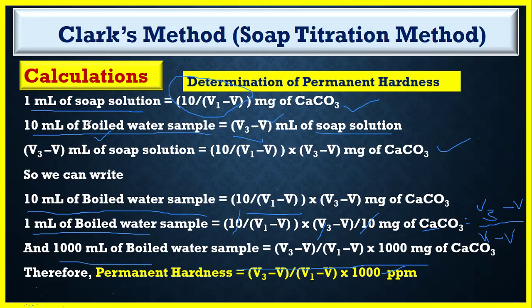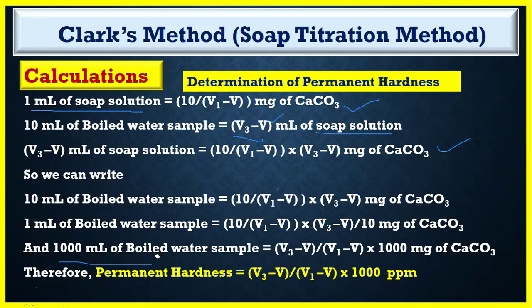Therefore, the permanent hardness is equal to (V3 minus V) divided by (V1 minus V) multiplied by 1000. And what is the unit for this? This unit is parts per million, that is ppm. So the permanent hardness is (V3 minus V) divided by (V1 minus V) into 1000 ppm, right?